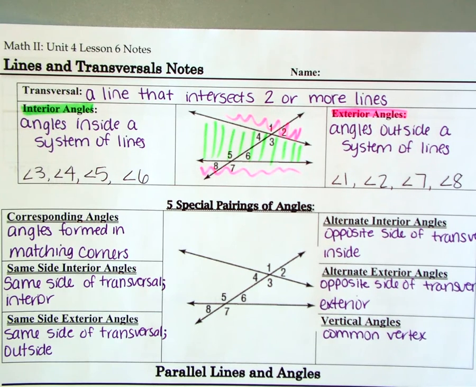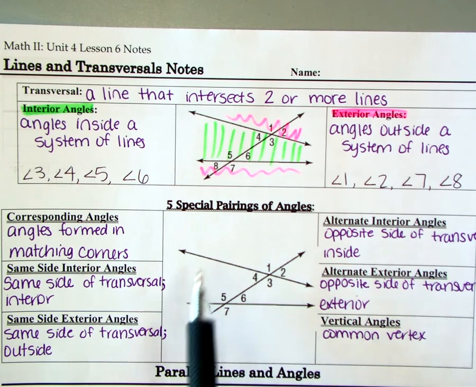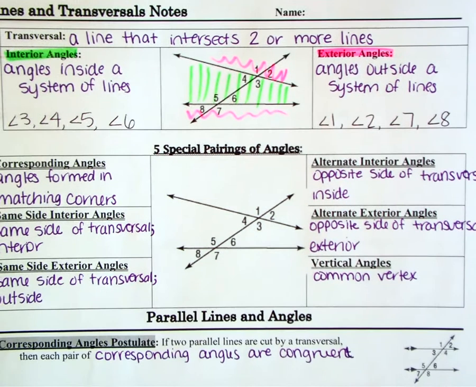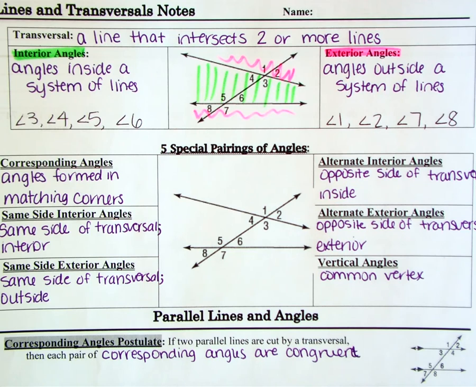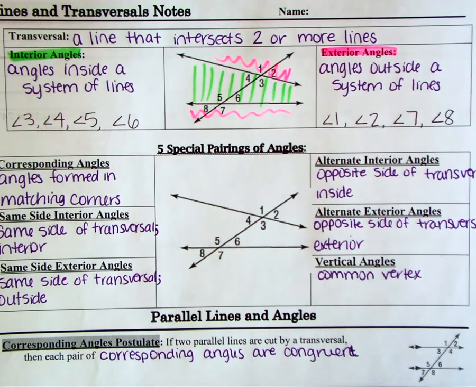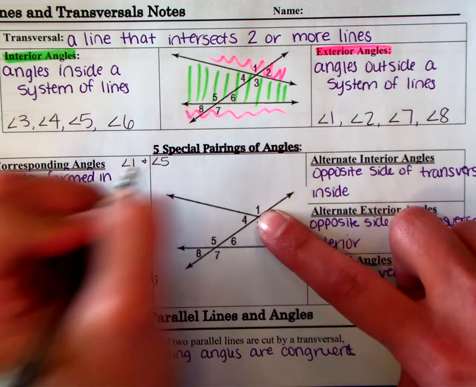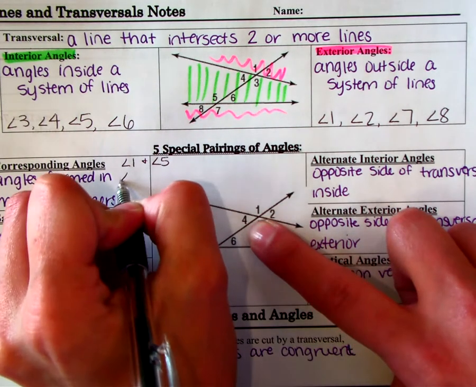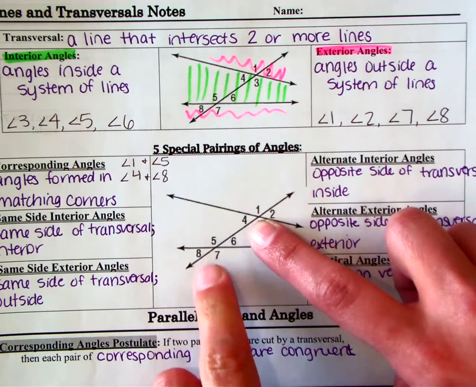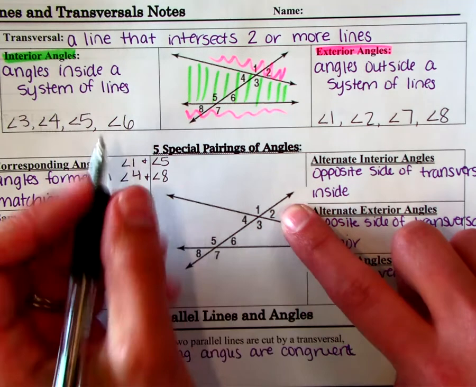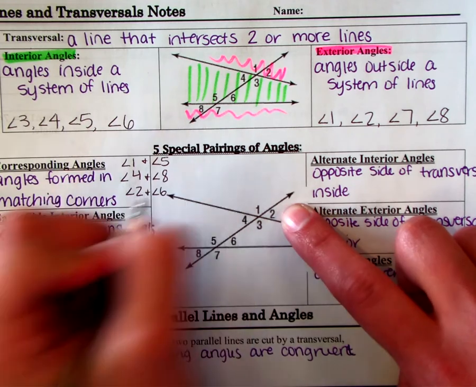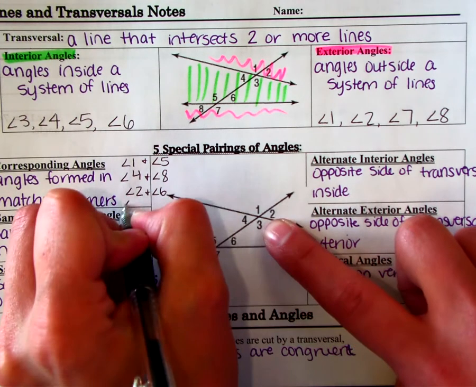When we have a system of lines, we have some angle relationships between those angles. So if we look down here, we have some angle relationships. Corresponding angles are angles that are formed in matching corners. Some of my corresponding angles would be angle 1 and angle 5, angle 4 and angle 8, angle 2 and angle 6, and angle 3 and angle 7.